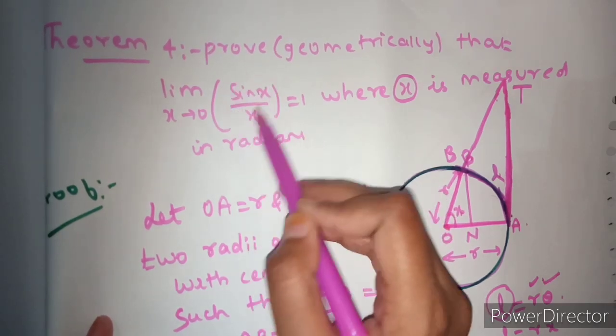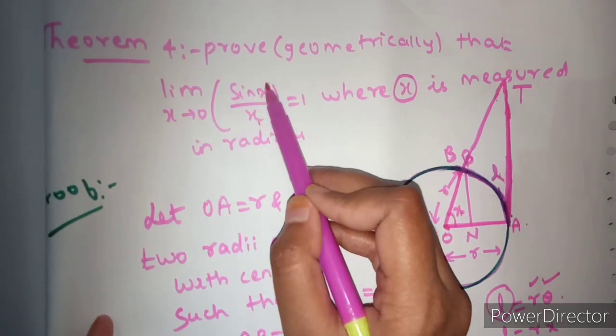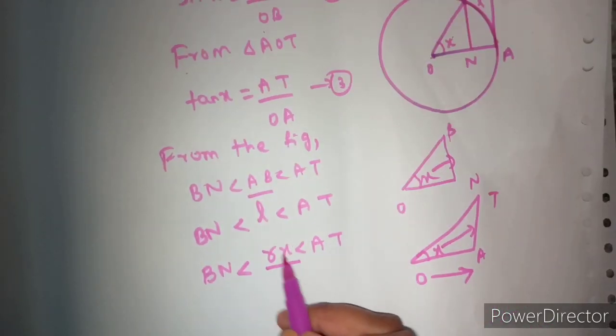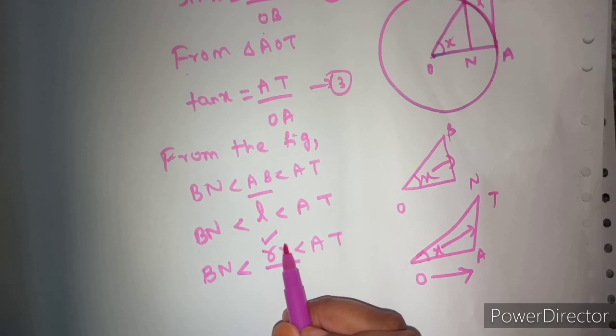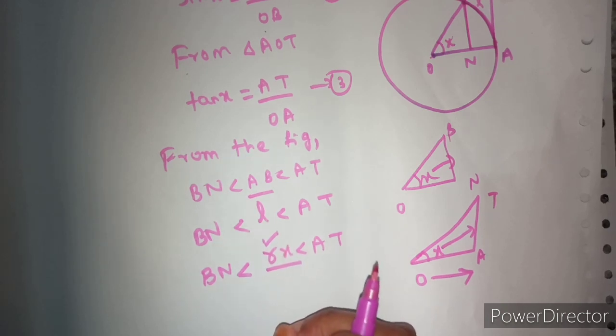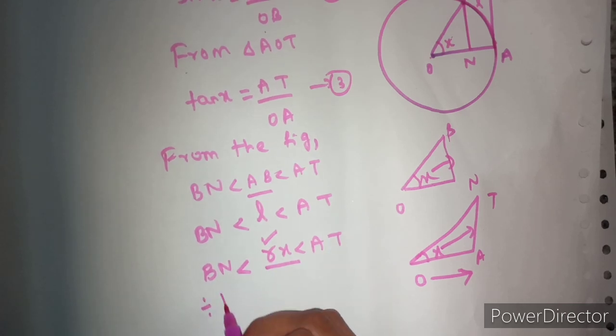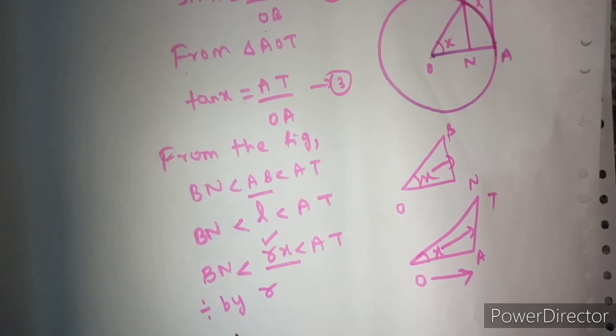The function is in the form of sin x by x, right? Here we have Rx. We don't need R here, because in the question we have sin x by x. So what I am doing is dividing by R. What will it become?